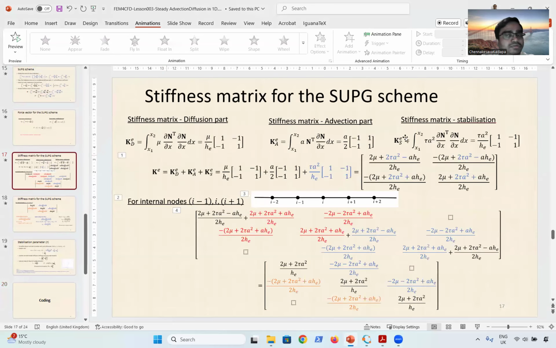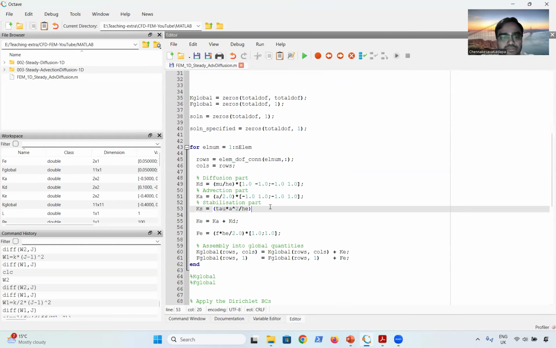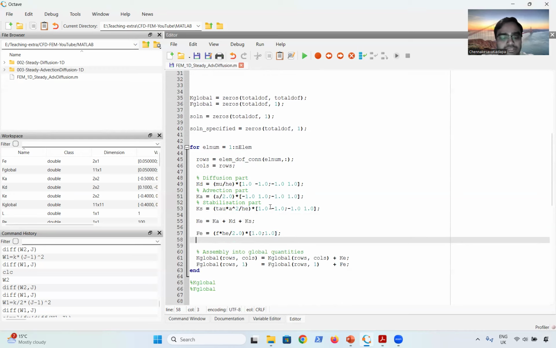So our stiffness matrix is tau A square by HE multiplied by 1 minus 1, minus 1 plus 1. Then we add this to the stiffness matrix, so this is our Galerkin term and stabilization.